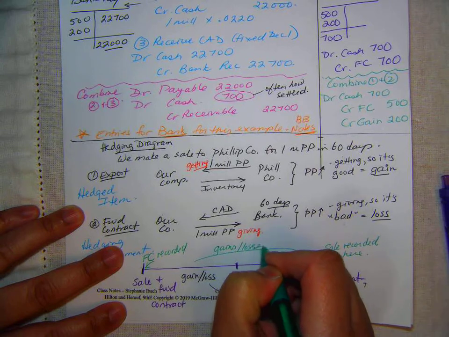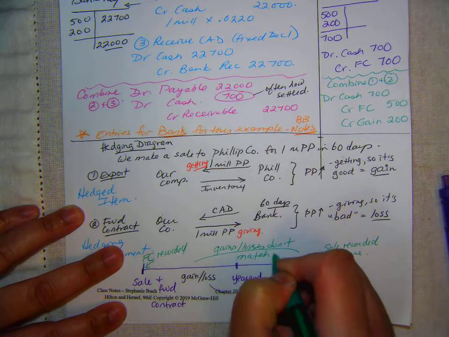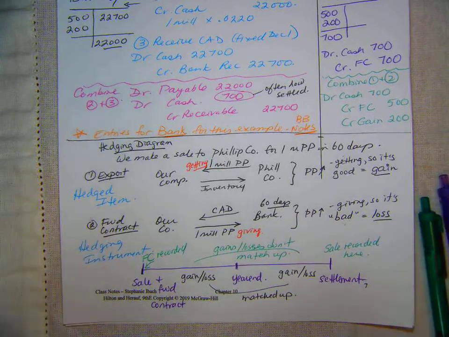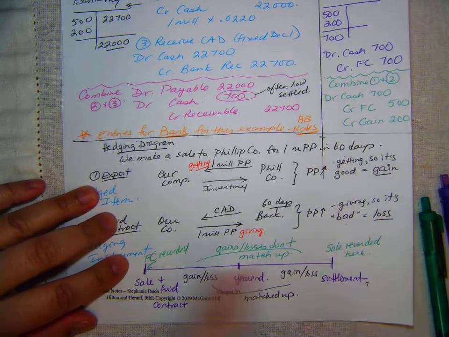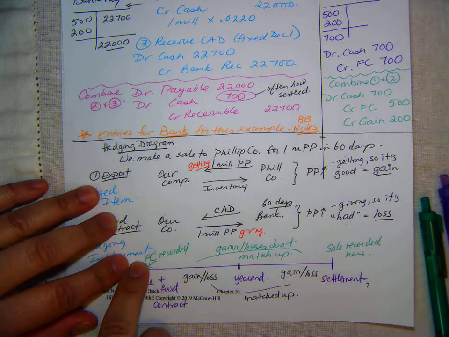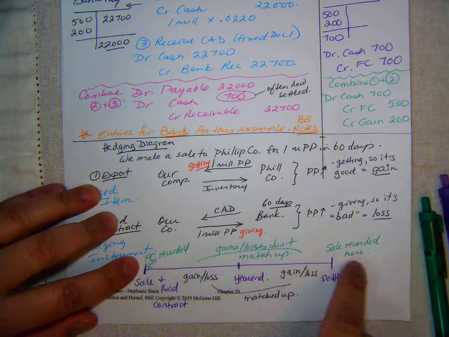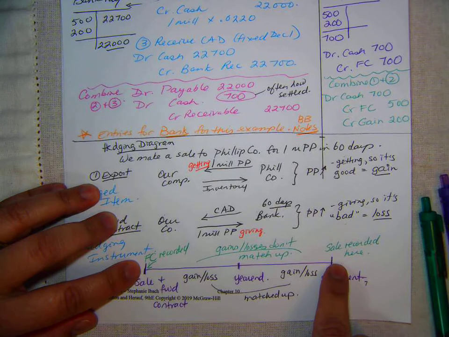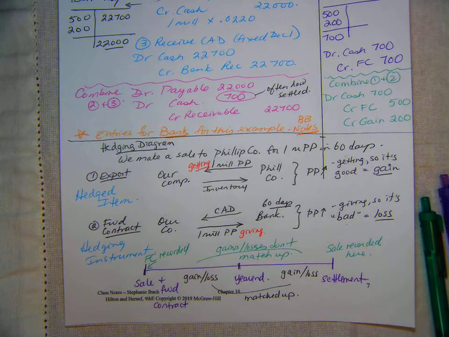For accounting purposes, because we haven't even recorded the sale, we'll only be recording it here, even though we entered into the contract here. Okay? So, in this scenario, because this happens frequently, accountants decided to come up with hedge accounting. And hedge accounting is an optional thing, you don't have to use it.